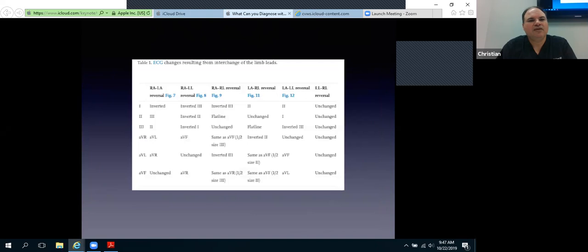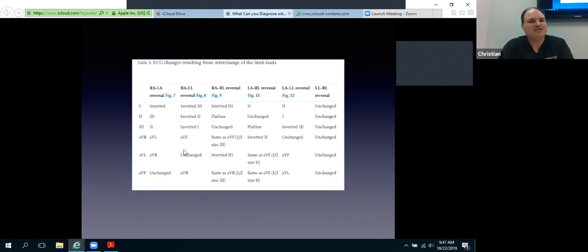So here's a chart that tells you what happens, right? So right arm, left arm reversal, you get an inverted lead 1, 2 now becomes 3, 3 now becomes 2, AVR becomes AVL, AVL becomes AVR, and AVF is unchanged because AVF is just both arms negative and the left leg positive. So that's where you remain unchanged.